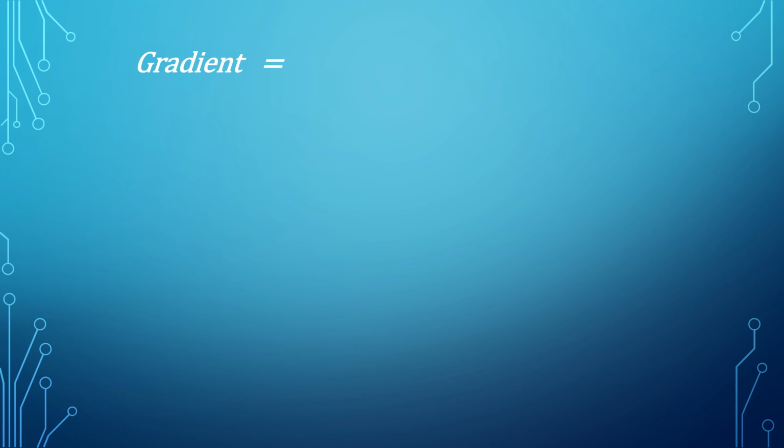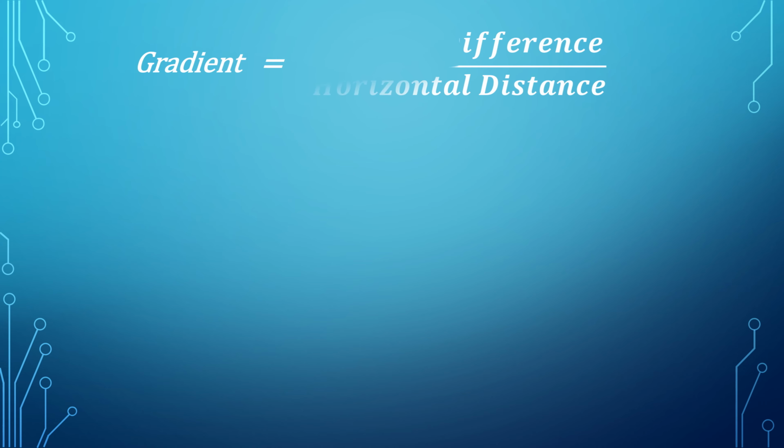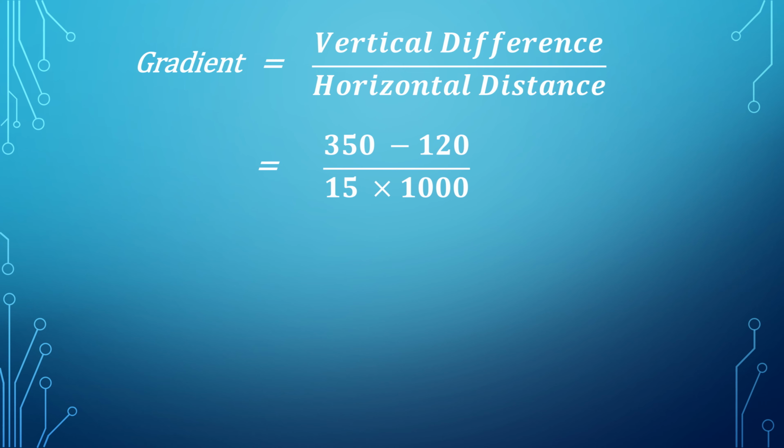First of all, we state our gradient, which is gradient equals vertical difference over horizontal distance. And this means we are going to subtract our 120 meters from our 350 meters.